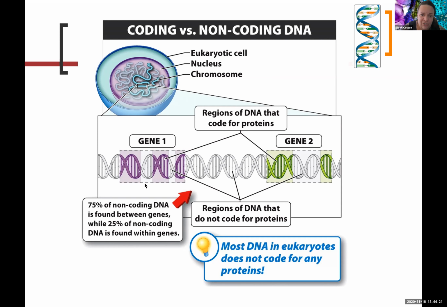So here's a gene, here's little bits. Most of the regions that don't code for a protein are in between genes, so this is not within a gene. But there are some areas that don't code that are inside of the gene. When they are found inside of the gene, we call them internal non-coding regions.